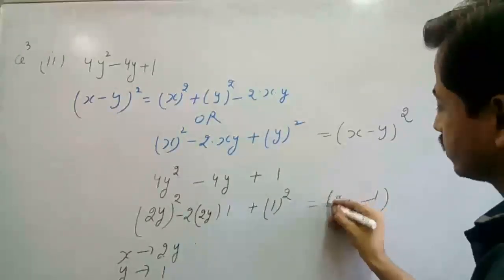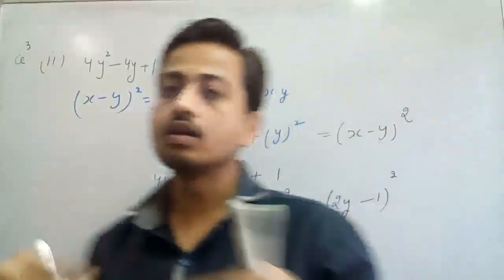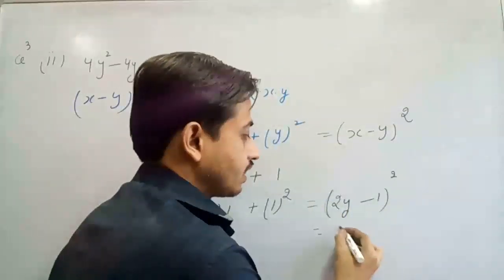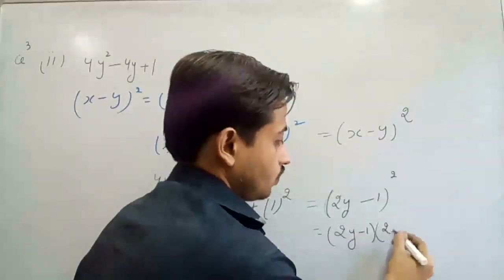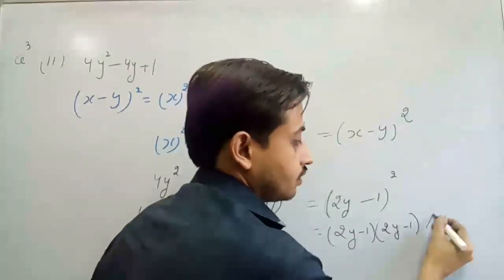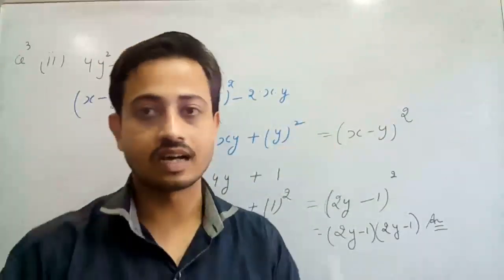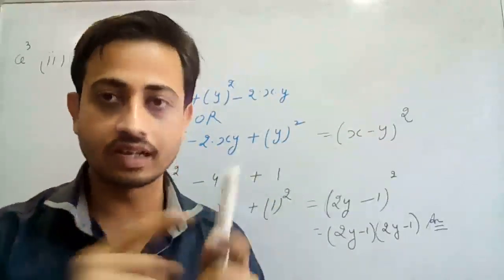So our answer is (2y minus 1) whole square, and we have to write it in terms of factors. So I can also write it as (2y minus 1) into (2y minus 1). This is our desired answer. I hope you understand this concept very easily. Please make a note.